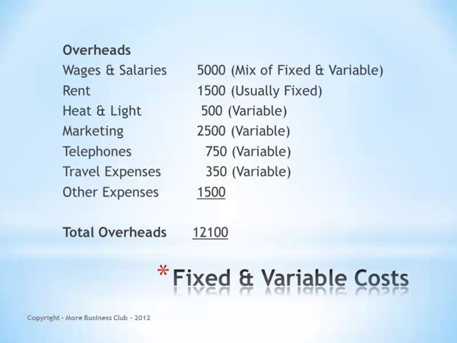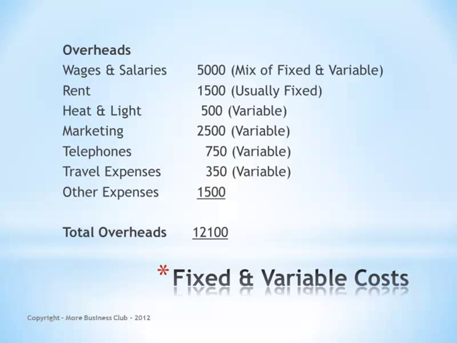If you run a retail business and you have part-time staff who are on flexible hours, when things are quiet, you wouldn't call them in. If things are busy, you might pull them in more often. So that becomes a variable cost that you can manage to control as activity goes up and down. Rent is usually fixed.